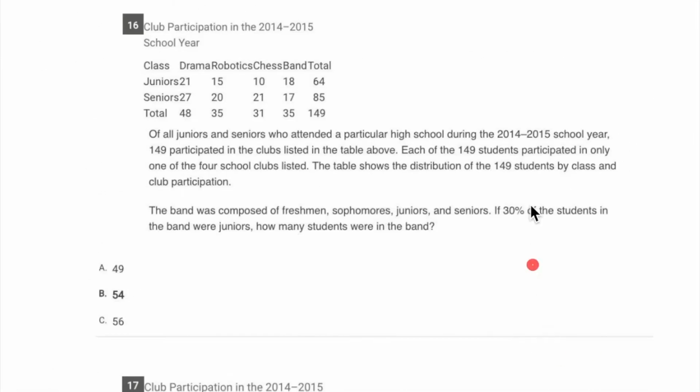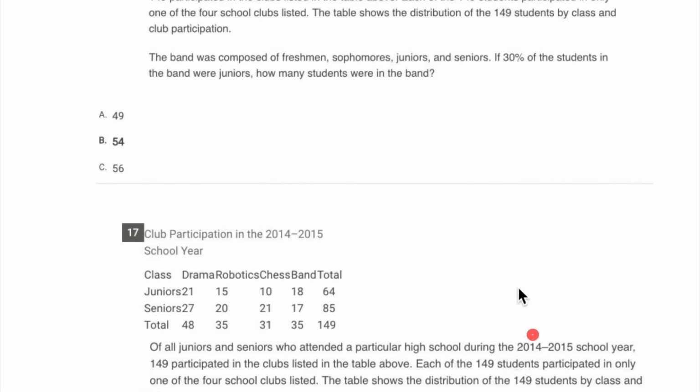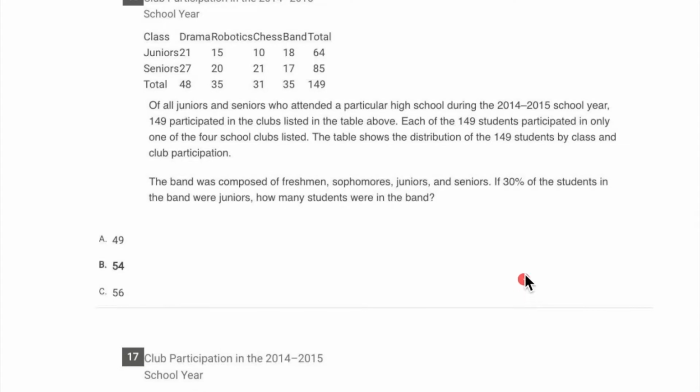So here we go. There's two problems with this band thing. So fortunately, you can just read one of them and just figure out the bottom for what's different. So of all the juniors and seniors who attended a particular high school during the 2014-2015 school year, 149 participated in the clubs listed in the table above.